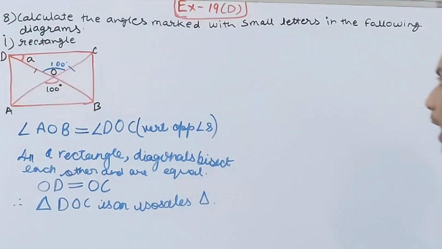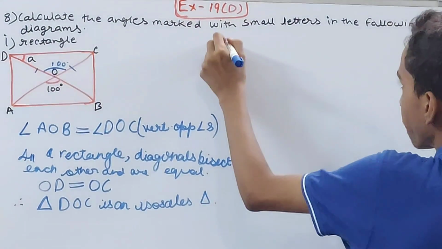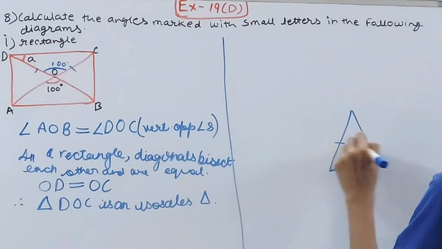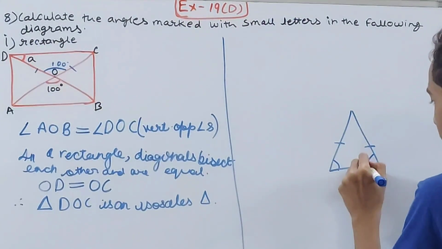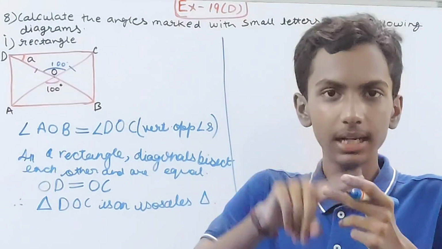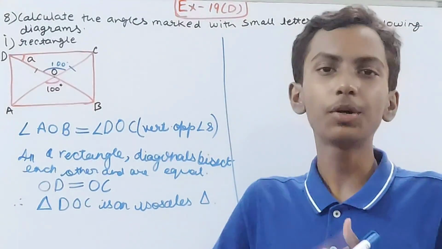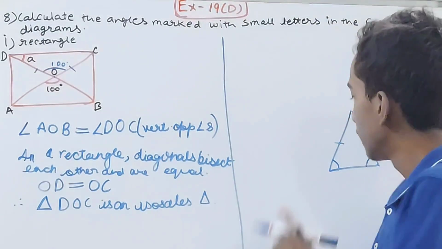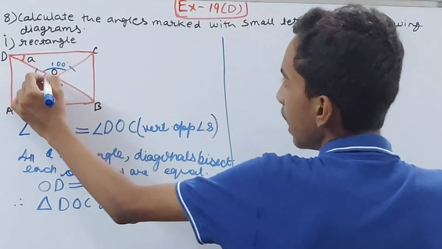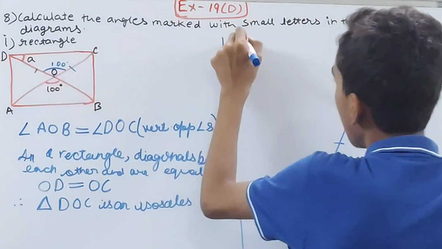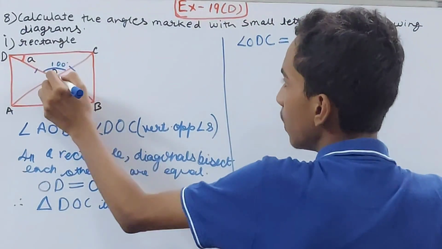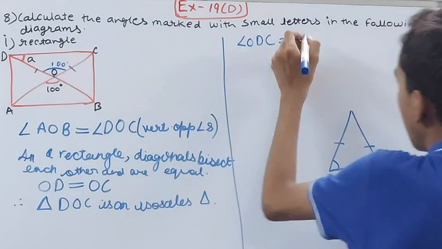It's a property of an isosceles triangle: if two sides are equal, then their corresponding angles will also be equal. So angle ODC will be equal to angle OCD.